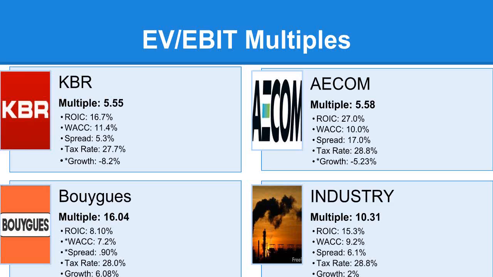This was primarily because AECOM and KBR were expected to experience negative growth rates at negative 8.2% and negative 5.23% respectively. AECOM had a slightly higher multiple because it wasn't expected to have a growth rate as low as KBR, and they also had the highest spread, which was 17% of all the 6 firms.